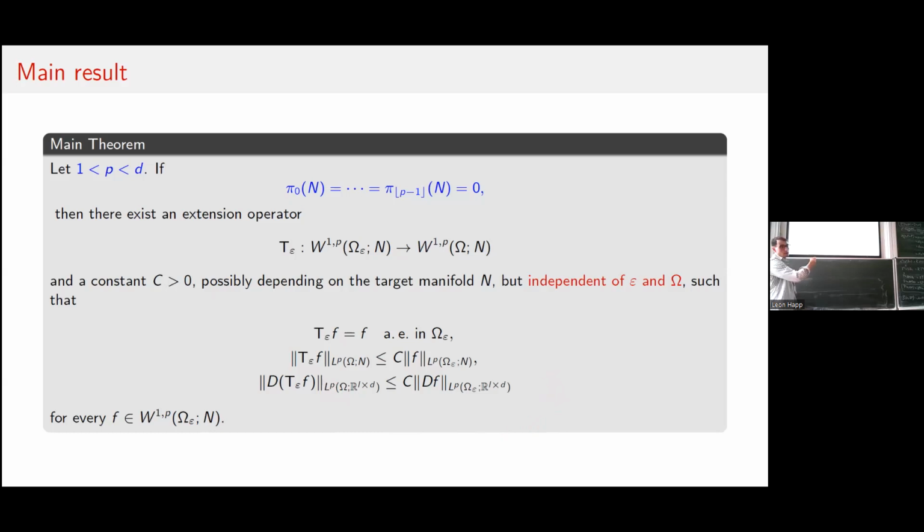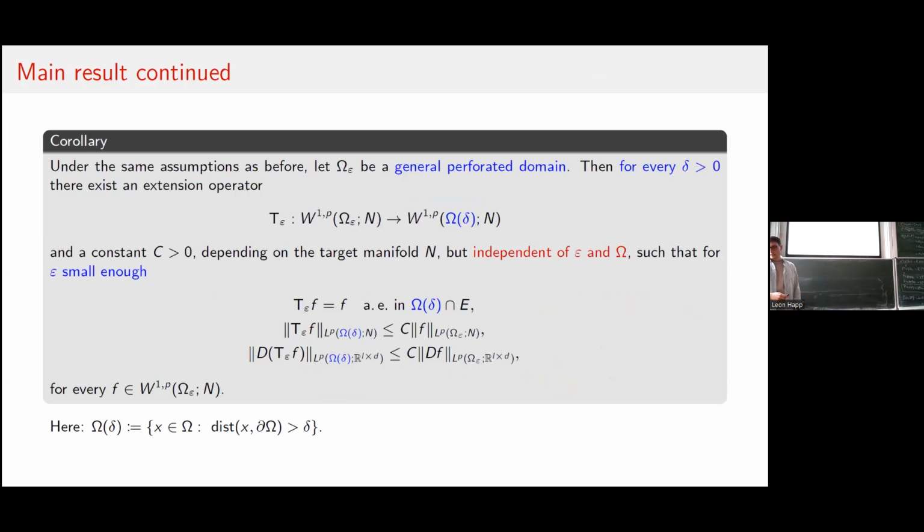Why separate? Because in applications it's super useful to have it like this. So I mention it's really separate norms, not just an estimate on the W1P norm. And very importantly, this constant here is independent of the scale and also of the domain itself, which will be exploited also later.